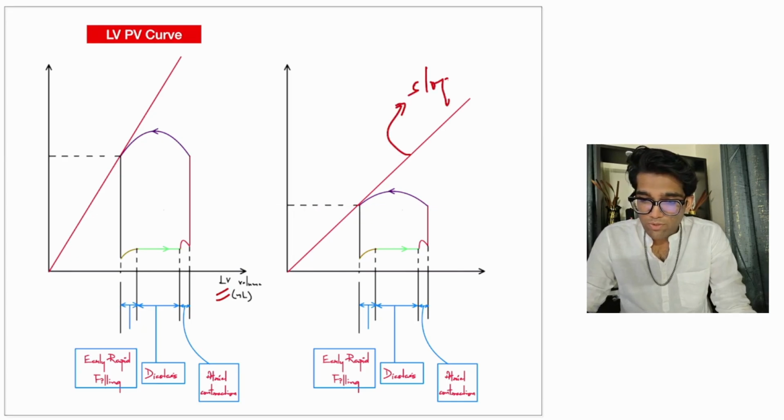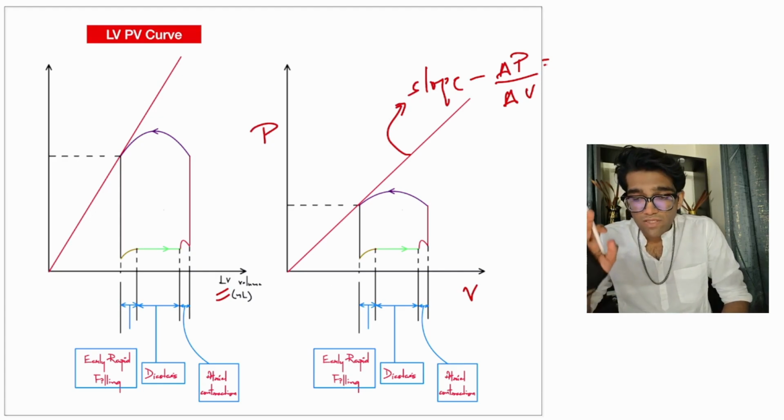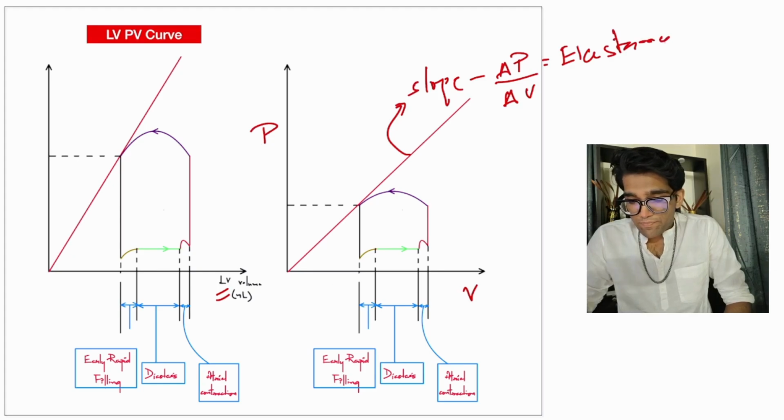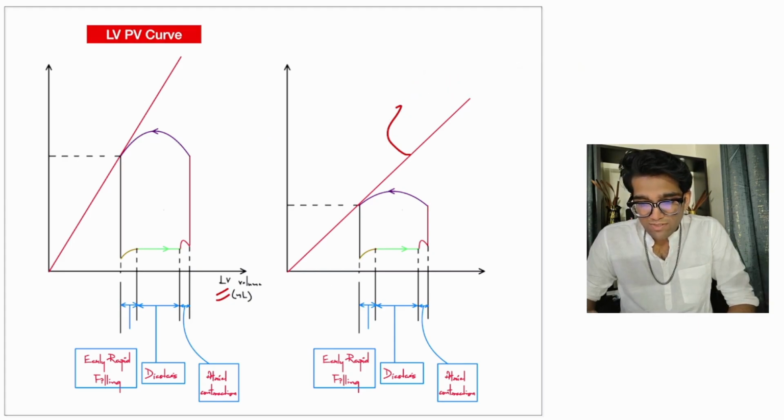The slope was equal to obviously the delta, because this is P and this is V, volume. So this was the delta P by delta V, which is actually what is known as the elastance of the ventricle. So this is the elastance value. Okay, so essentially otherwise the curve is exactly the same, but why I didn't discuss this till now is because I didn't want to cause confusion.